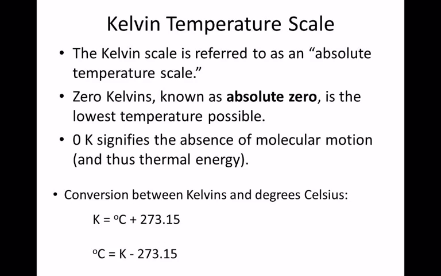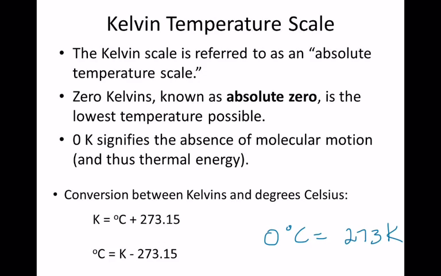So in other words, if you go from negative 273 degrees Celsius up to 0 Celsius, you are at positive 273 Kelvin, because that's how that works. So 0 degrees Celsius is equal to 273 Kelvin.